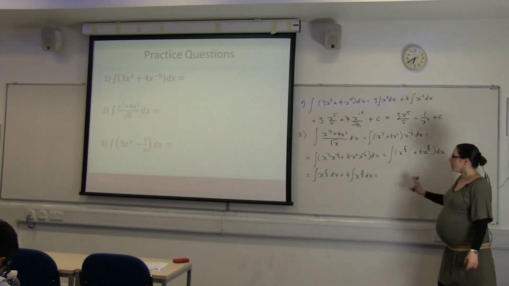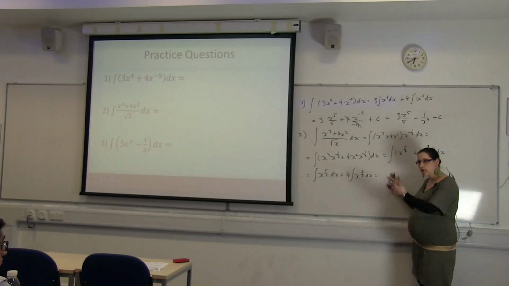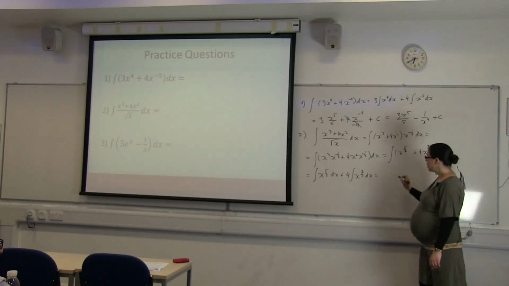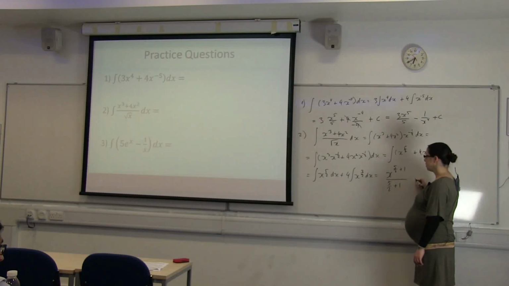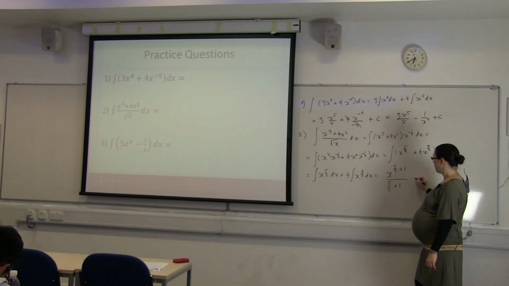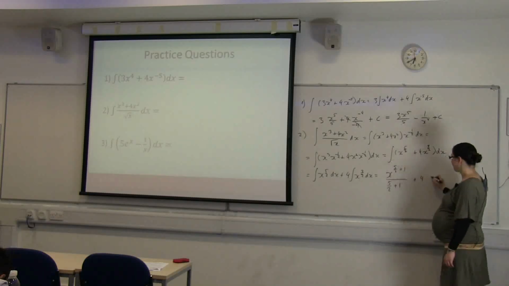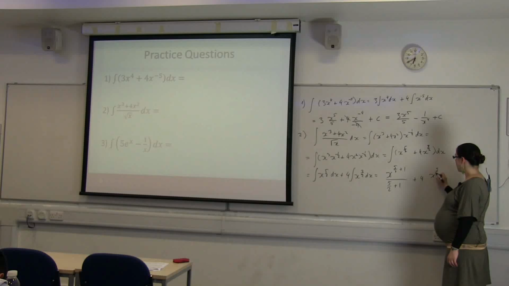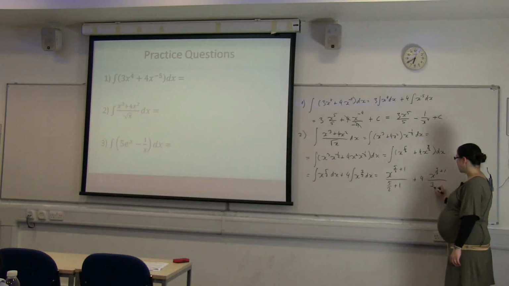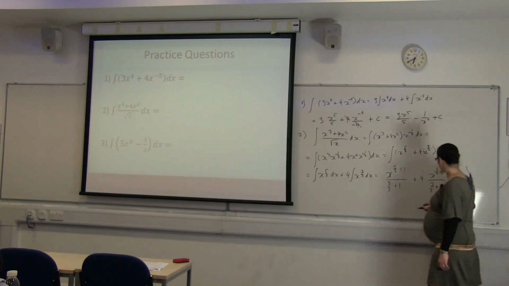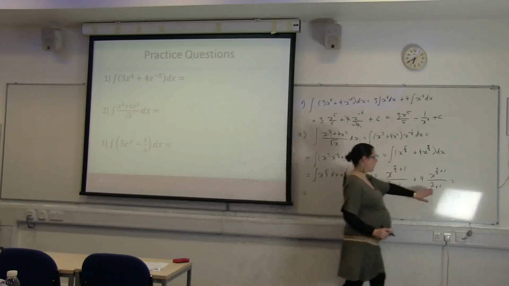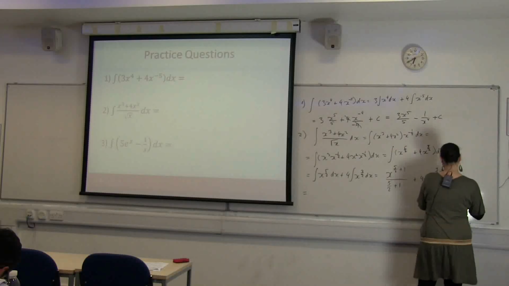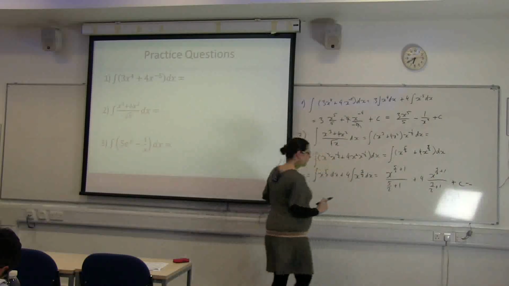Okay, so now I can just use the normal power rules because none of the powers are negative 1. So it will be x to the 5 over 2 plus 1 over 5 over 2 plus 1, plus 4 times x to the 3 over 2 plus 1 over 3 over 2 plus 1, plus c, the annoying plus c.